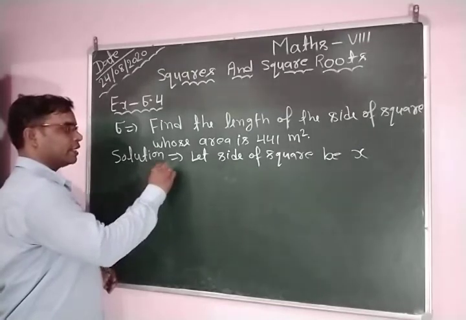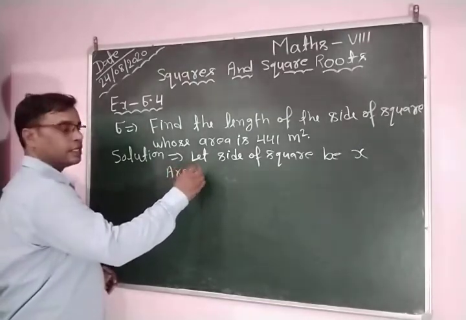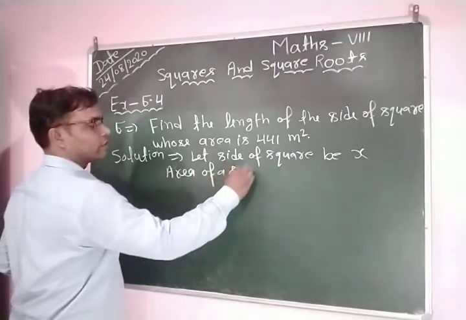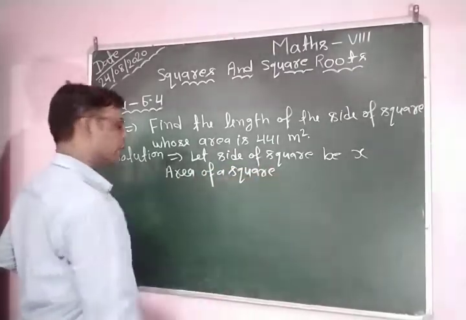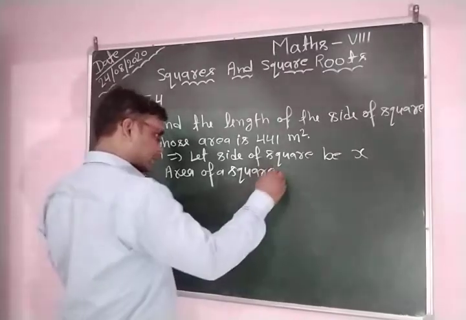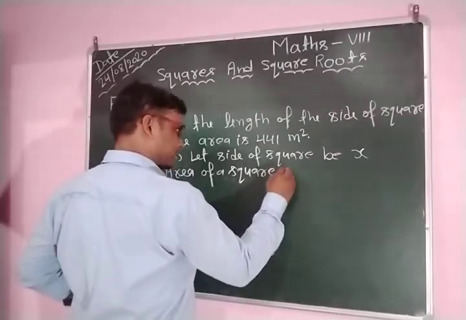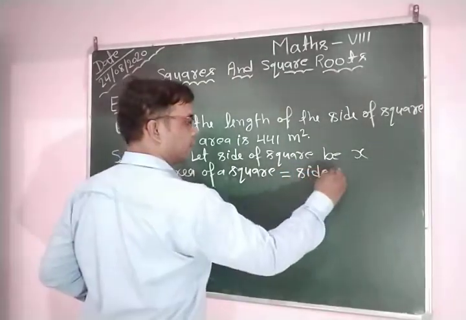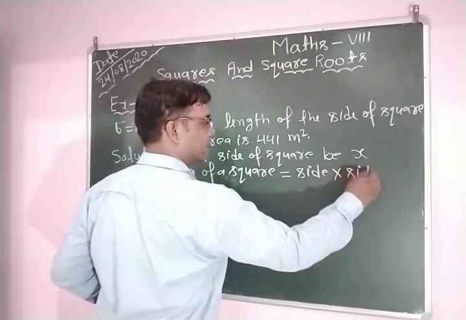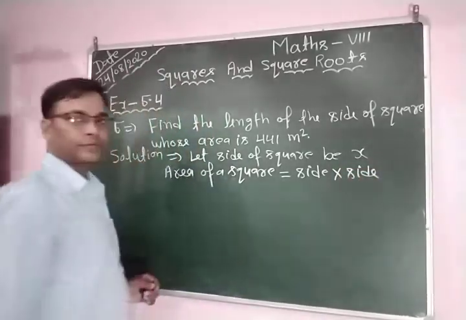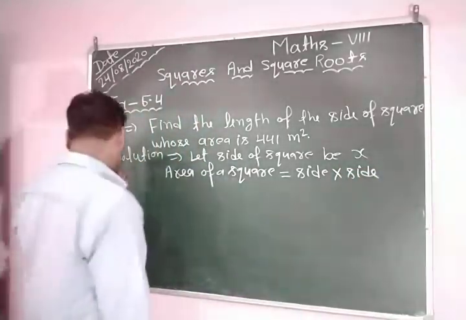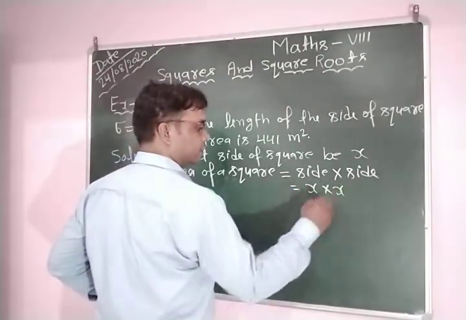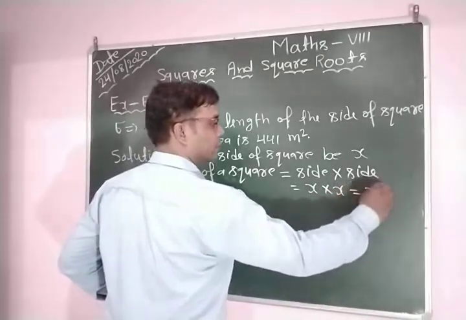Therefore, the area of a square is equal to side into side. So here we let the length of the side be x, so x into x. This is equal to x squared.